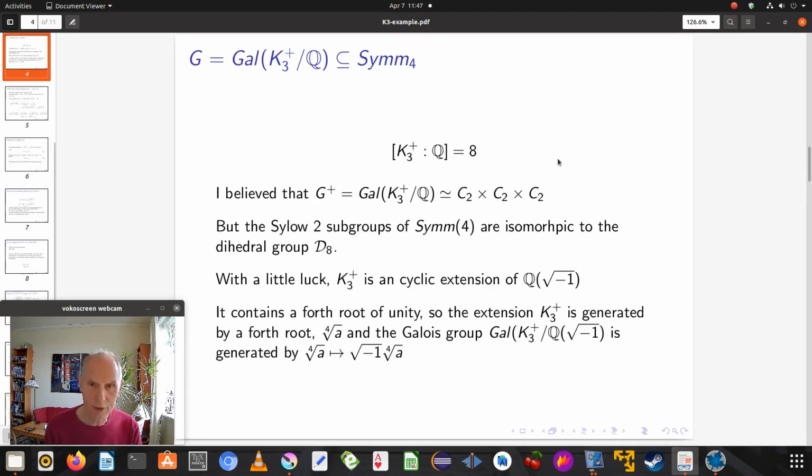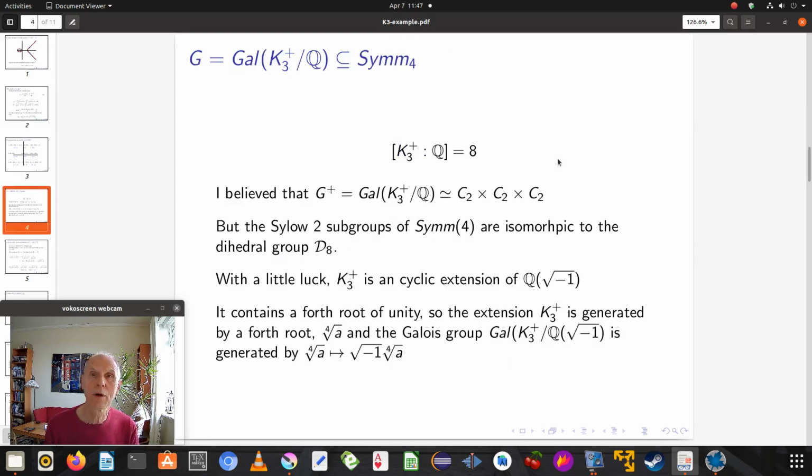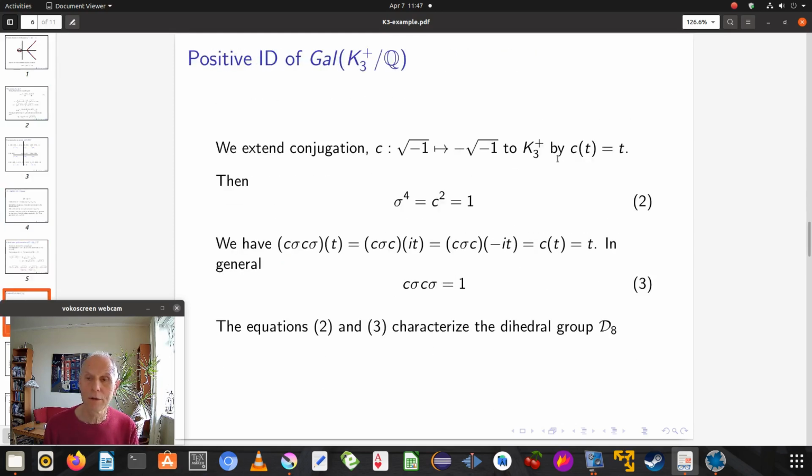That was the end. Right. So a positive ID that it is that the Galois group is the dihedral group of order 4.